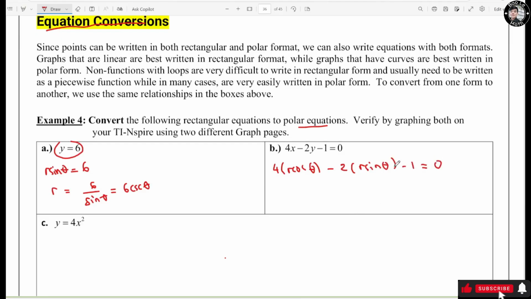Now I'm going to add 1 to both sides and then factor r out. So I have r times 4 cosine theta minus 2 sine theta equals 1. So r equals 1 divided by 4 cosine theta minus 2 sine theta.